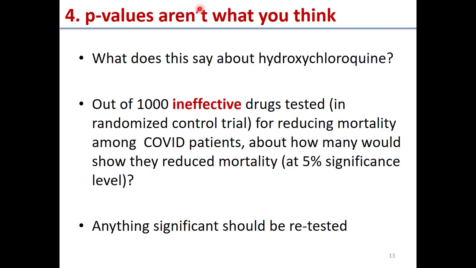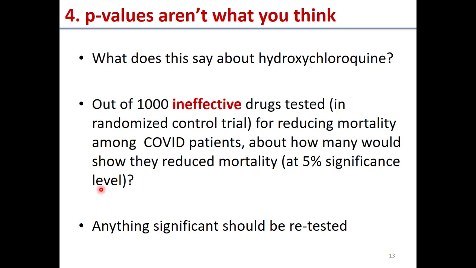Okay, so what does this say about hydroxychloroquine, which some have said might actually help improve outcomes? Well, let's think about this. Let's say that there are 1,000 ineffective drugs or treatments that are being tested. You can even do it in a randomized controlled trial for trying to reduce the mortality among COVID patients. So how many would show that they actually reduce mortality, let's say at the 5% significance level?